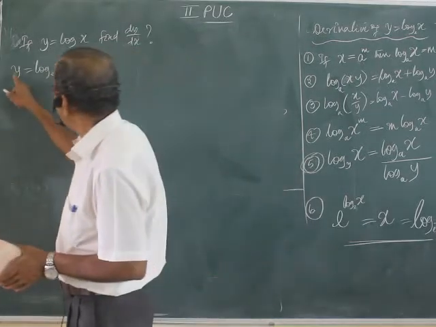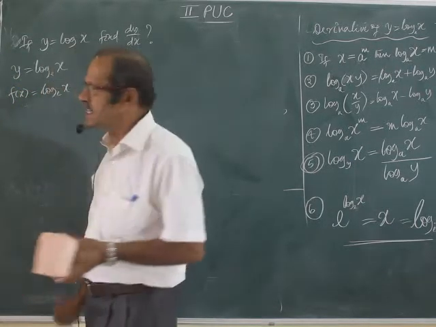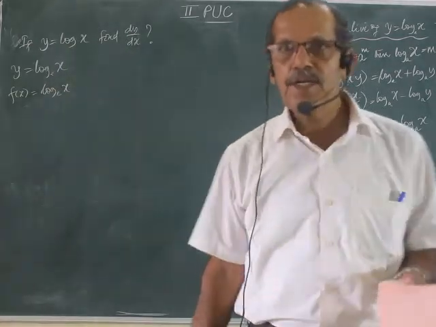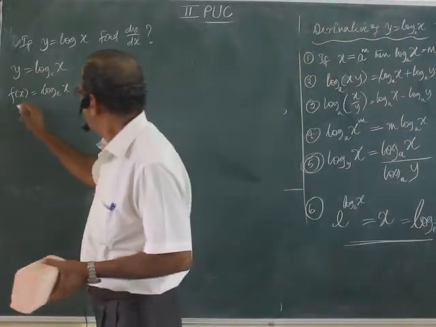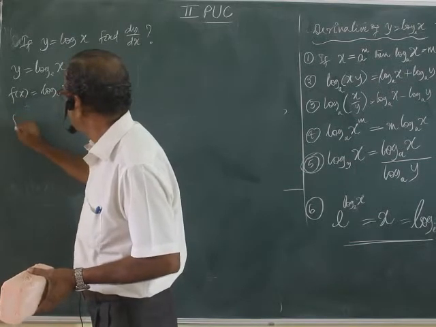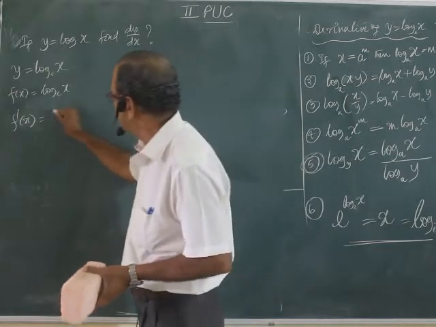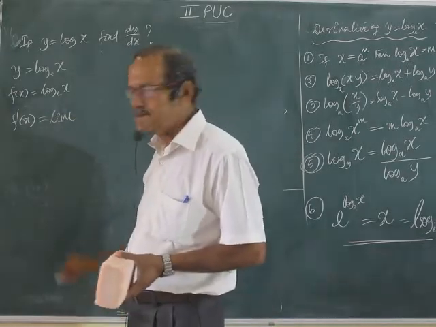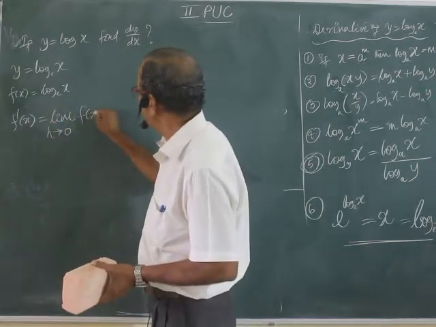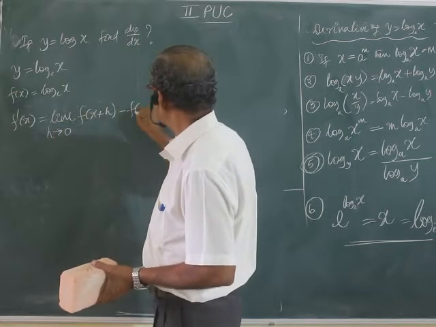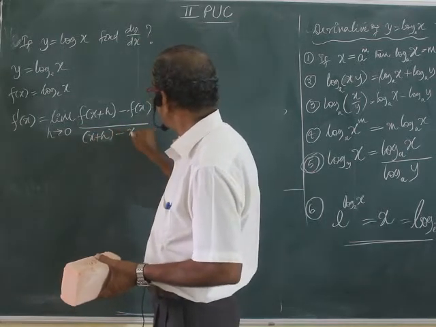Now, dy by dx, because you have written it as f of x, let me write f of x itself. In the derivative, you have written f of x, f dash of c, no? Like that. So here, f dash of x is, write carefully, limit h tending to 0, f of x plus h minus f of x divided by x plus h minus x.